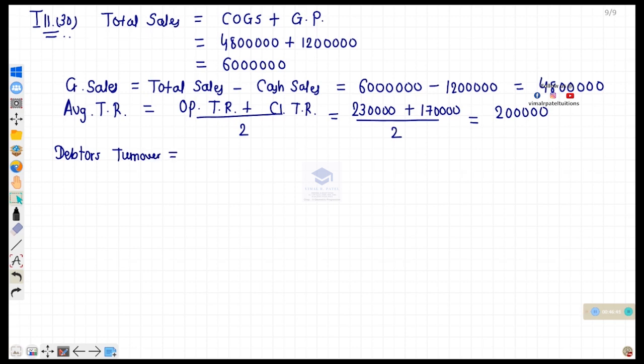Credit sales divided by average trade receivable, 48 lakh divided by 2 lakh.